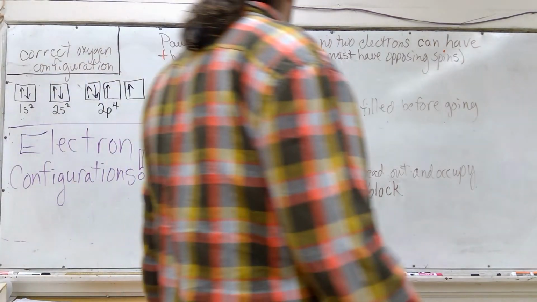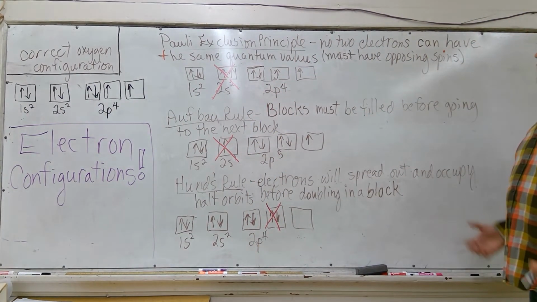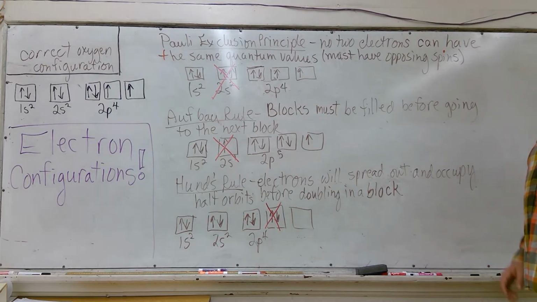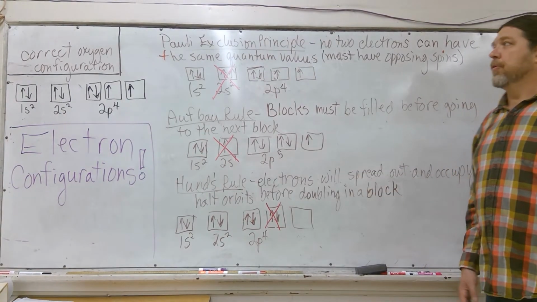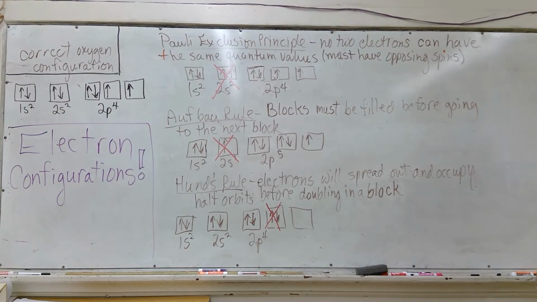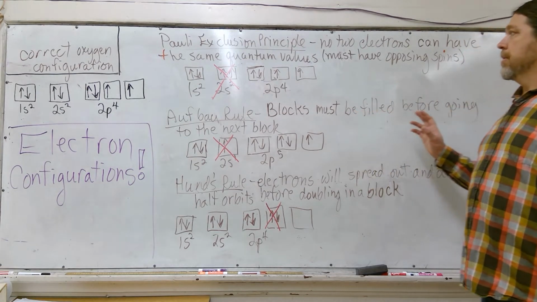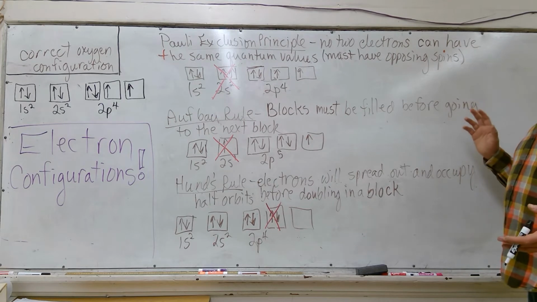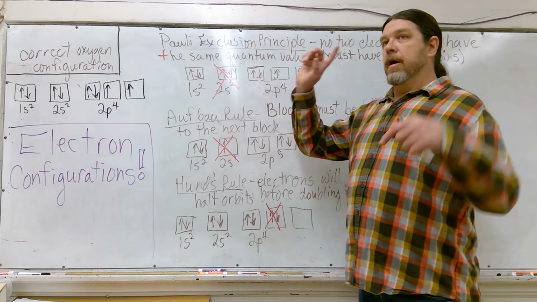We did it this way because we were trying to follow these 3 rules that are taught in school: the Pauli exclusion principle, the Aufbau rule, and Hund's rule. And for our purposes, Pauli is just another rule. So the Pauli exclusion principle, for the purposes of drawing these diagrams, is that electrons must have opposing magnetic spins, and we represent that with up and down arrows.